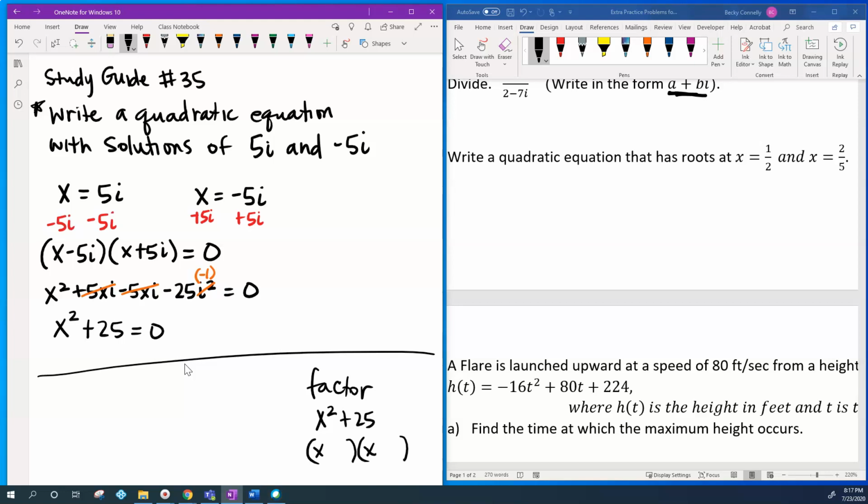Because what times what is 25 that adds to be 0? Well, you can't say 5 and 5 because that's going to give you a middle term. We can't say negative 5 and negative 5 because that will give you a middle term. And you can't have a negative 5 and a positive 5 because it needs to be the same number. So this does not factor at all in the real number system.